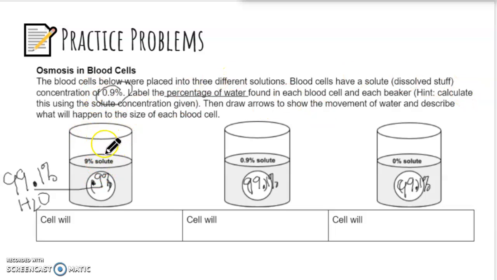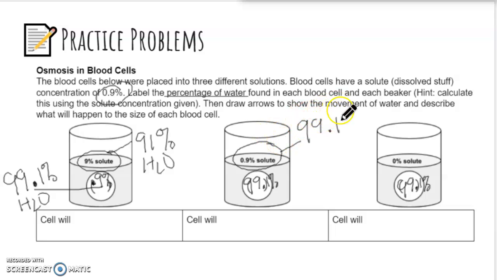So here we have 9% solute, which means that we have 91% water, H2O. Here we have 0.9% solute, which is 99.1% water, because all we're doing is adding it up to 100. We have no solute in this beaker right here, which means that 100% of the liquid is water. It's not even a solution because there's nothing dissolved in it. So we've got something like DI water there.